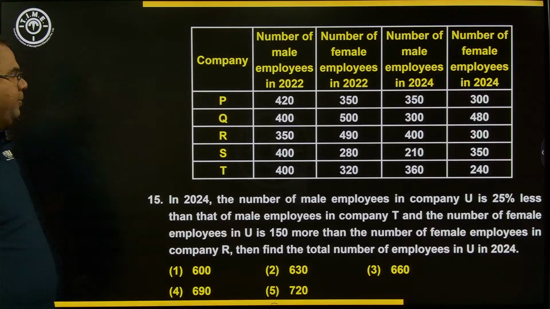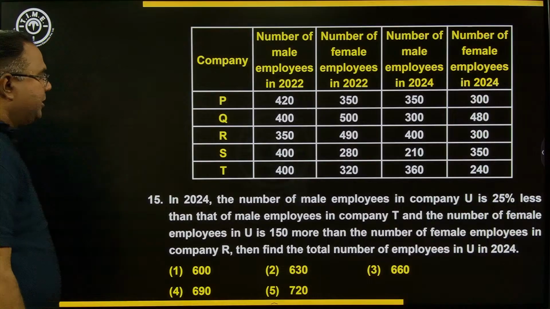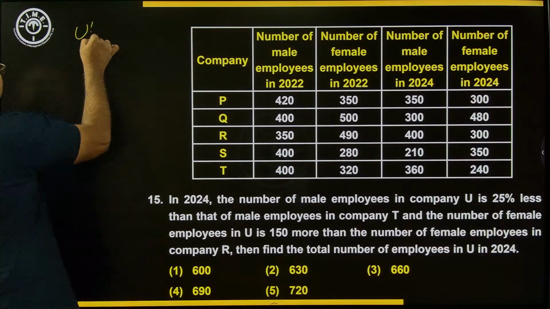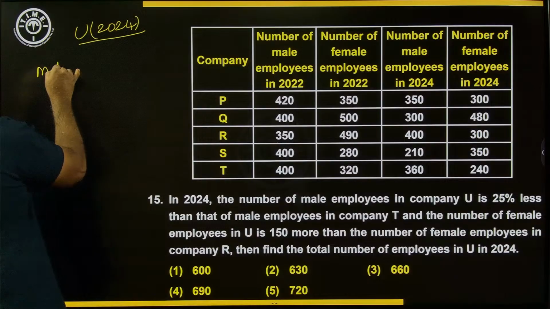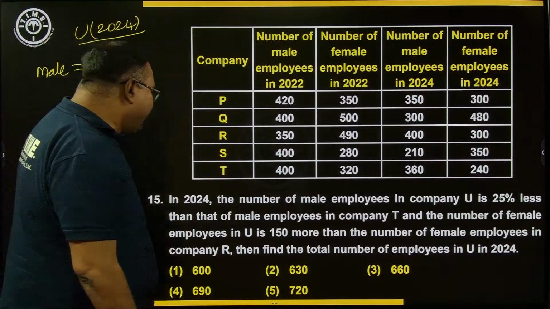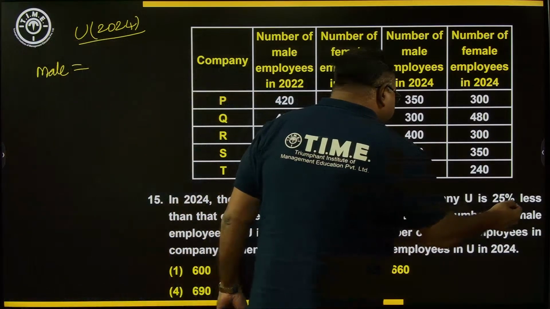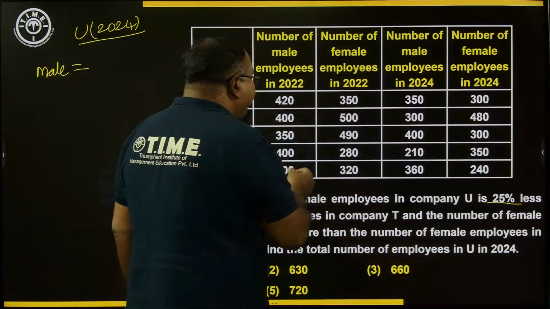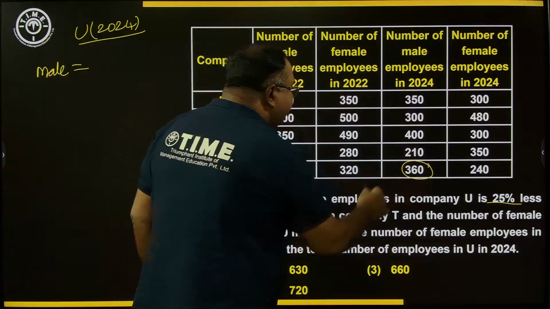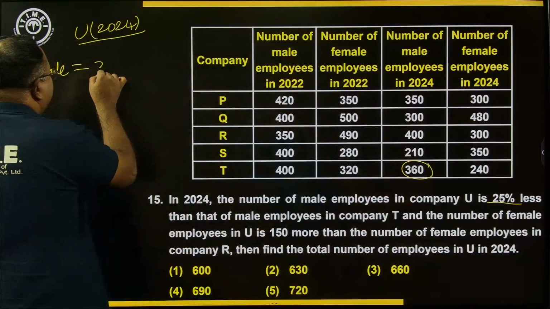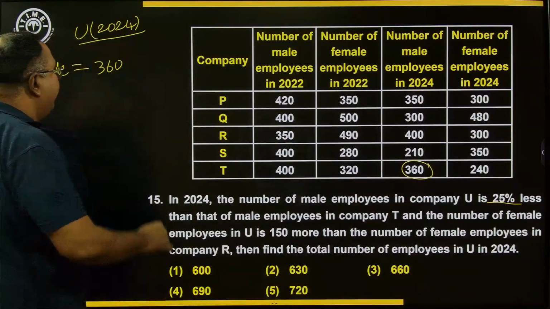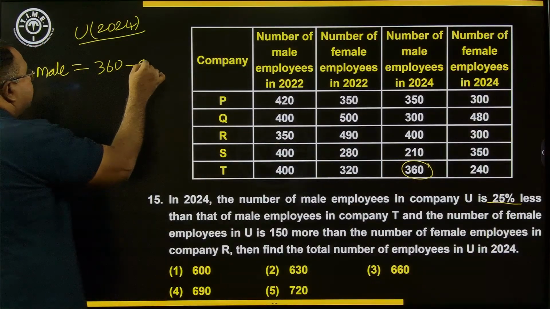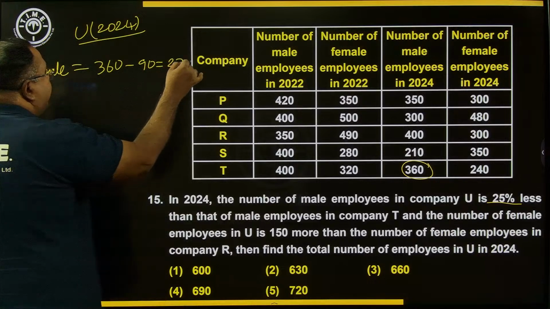2024 number of male employees in company U, okay, is 25% less than male employees in company T. U 2024. Let me write male employees. 25% less than male employees in T. In T, how many are male employees in 2024? 360. 20% less. Not 20%. How much? 25% less. 25% is 1 by 4. 90 less. 270.